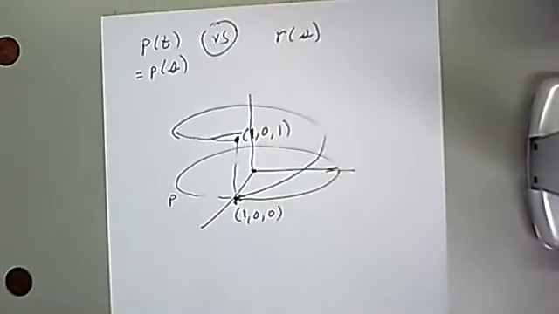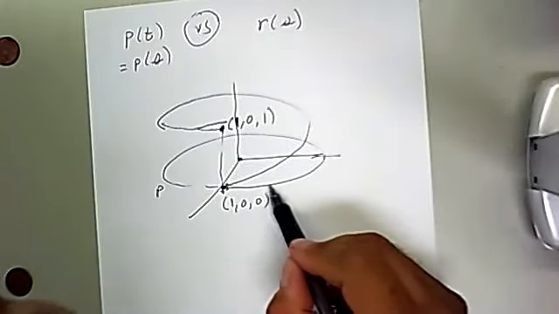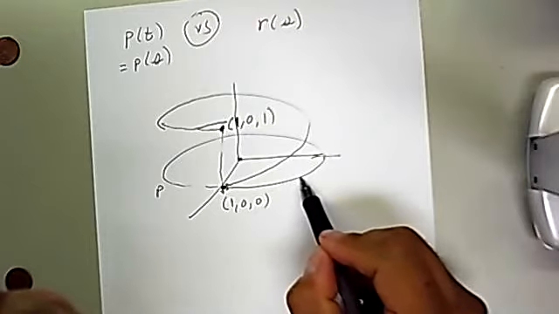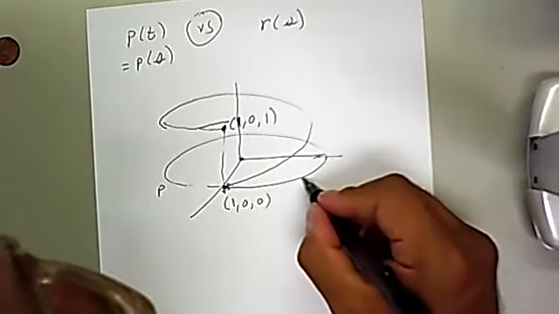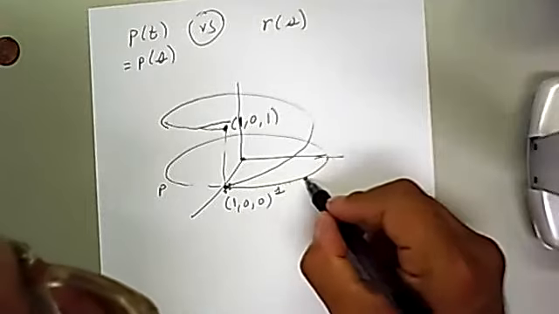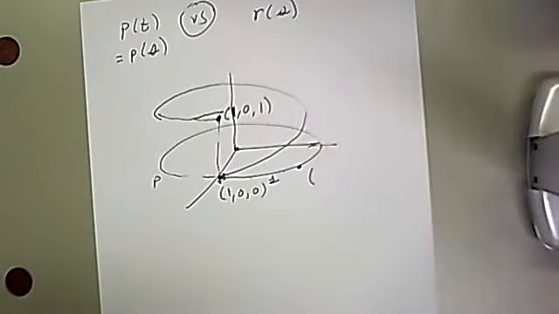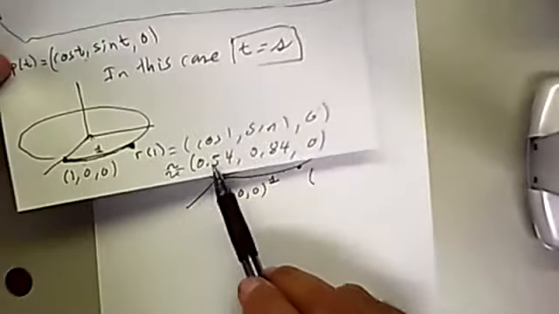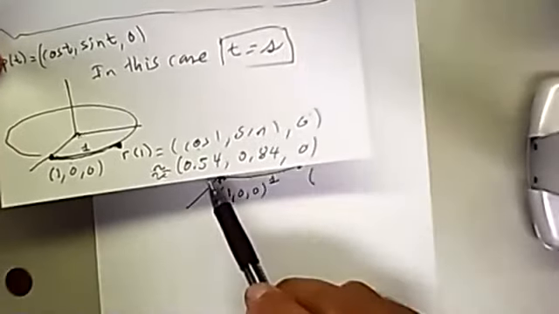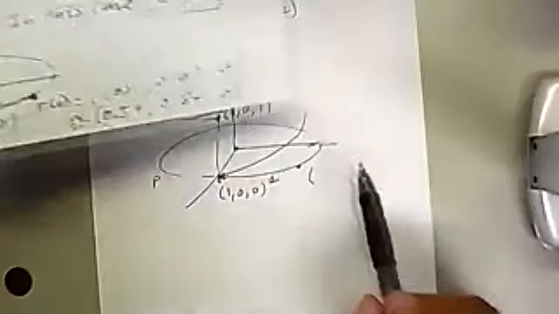So the question I want to ask is, if we walk along this curve for 1 full unit, where are we going to end up? 1 unit. Walk, walk, walk. Where do we end up? That's the point I showed you earlier. That's going to be cosine of 1, sine of 1, 0, which is about 0.54, 0.84, and 0.